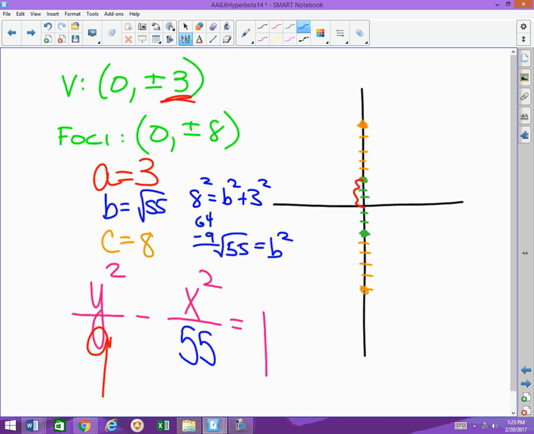And the square root of 55 is approximately 7 point 4. And this is 7 point something again. So that means if you go 7 point something this way, 3, 4, 5, 6, 7, and a bit more. And now you draw this box.